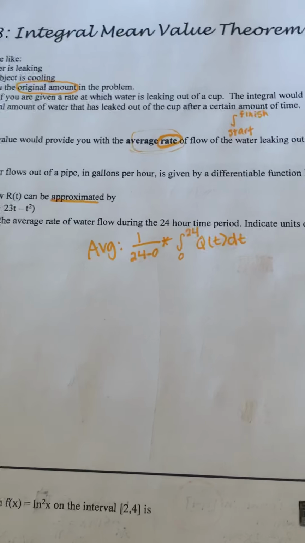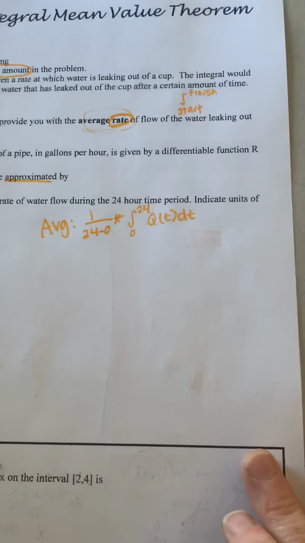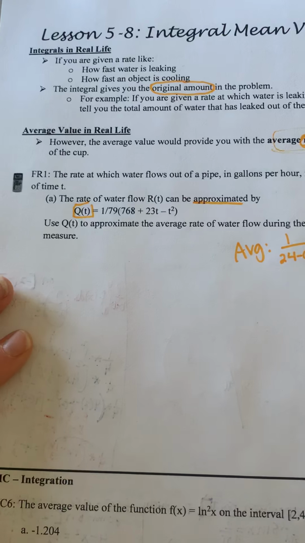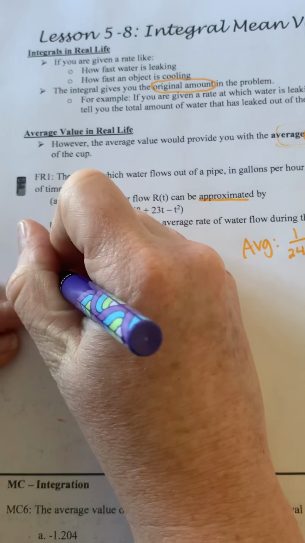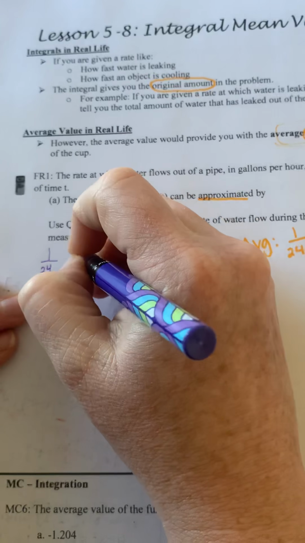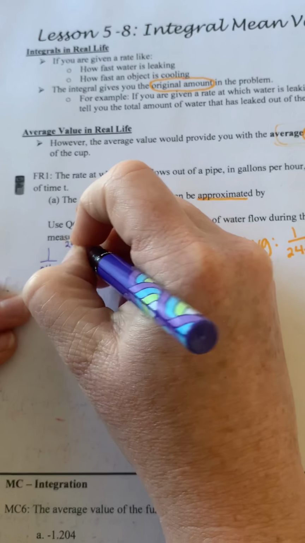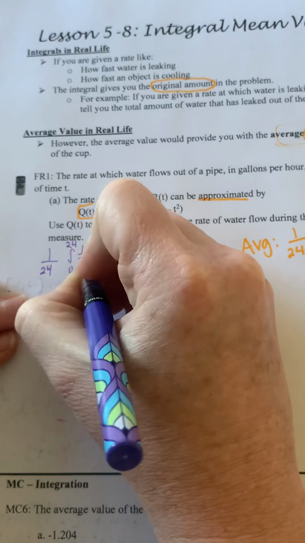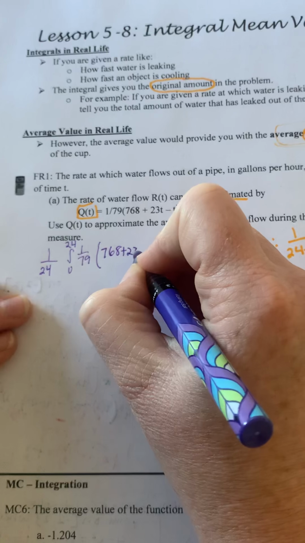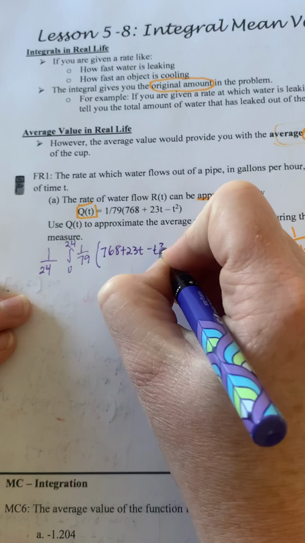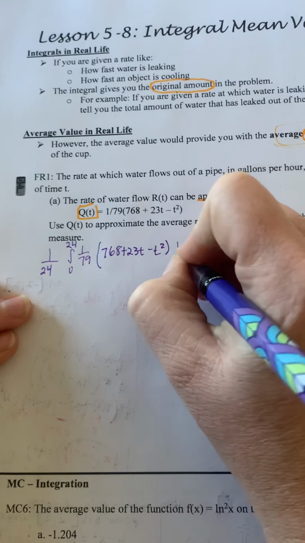That's what we need to find out, and we'll indicate our units of measure. So that would be 1 over 24 times the integral from 0 to 24 of 1 over 79 times (768 plus 23t minus t squared) dt.